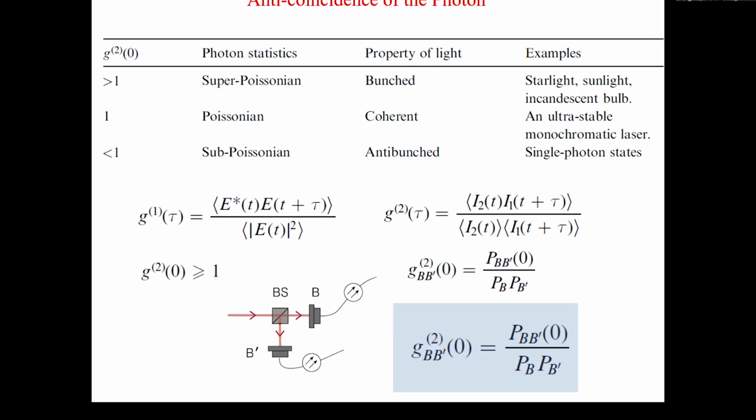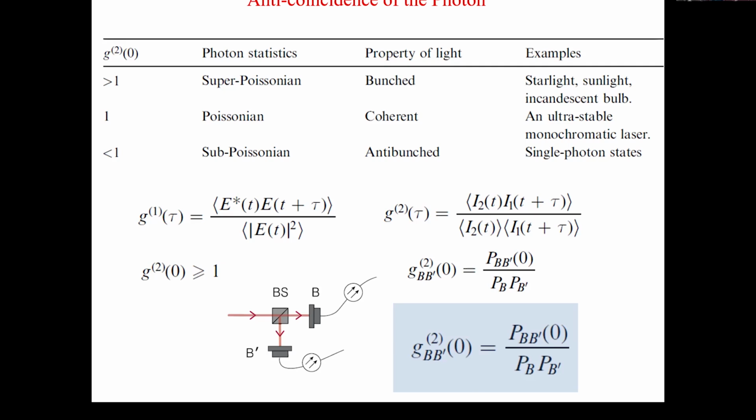So the numerator becomes this probability of a coincidence count between B and B prime at time 0. And then you normalize by the total number of singles on B and singles on B prime. So this is a measure of the second order correlation function for this beam of photons.